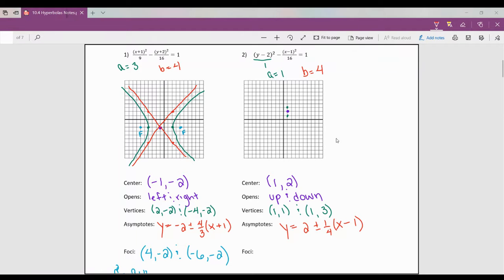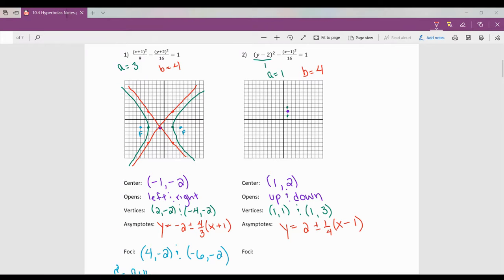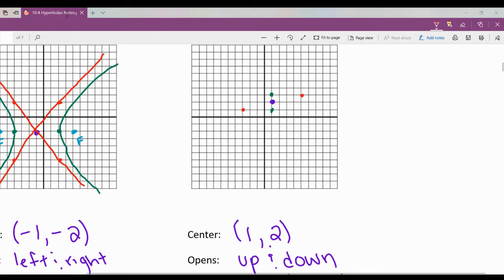So now that means my slope is positive 1/4 and negative 1/4. From my center point, I'm going to count up 1 over 1, 2, 3, 4. And I'm going to count down 1 over to the left, 1, 2, 3, 4. Oh boy, this one's going to be a tough one for me. Let me zoom in and see if I can do this.